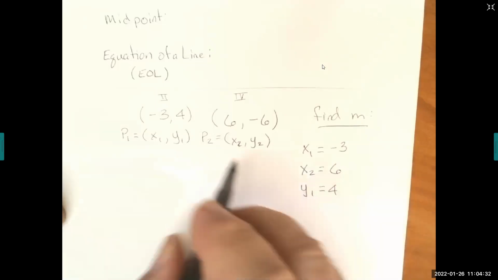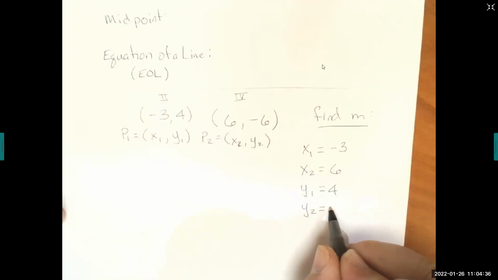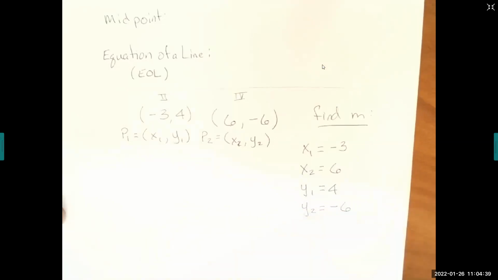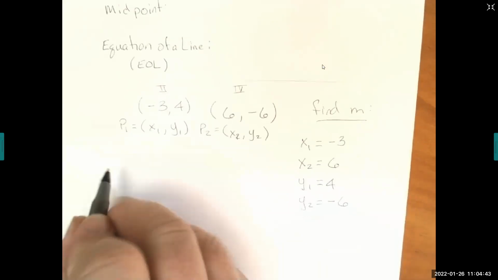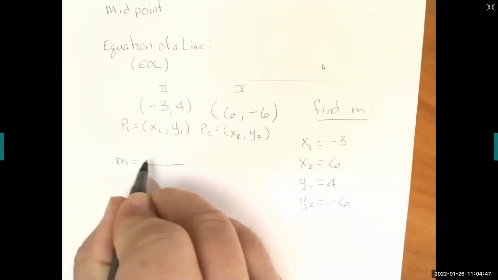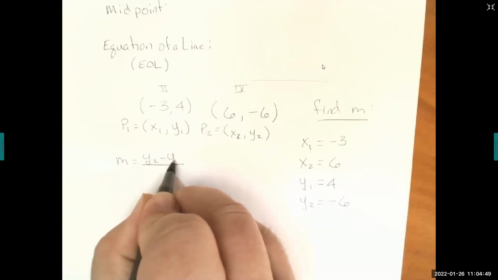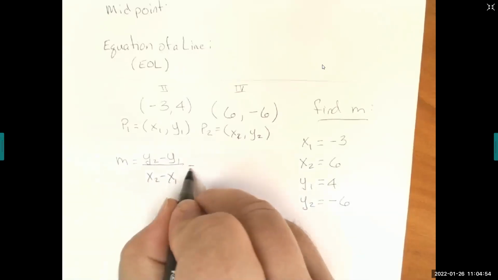It's the y value of the first point. And y2 is -6. So once we label those, we know the formula: y2 minus y1 over x2 minus x1. So all it is now is just plug and play.